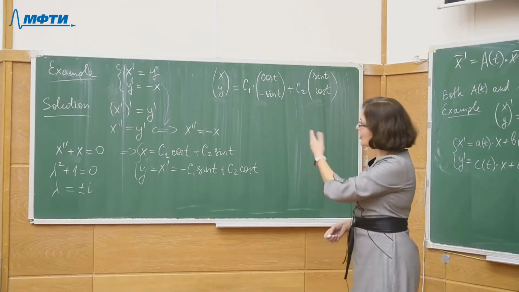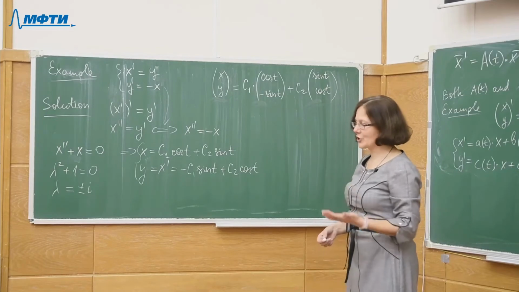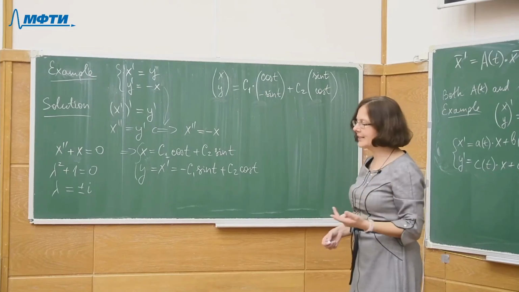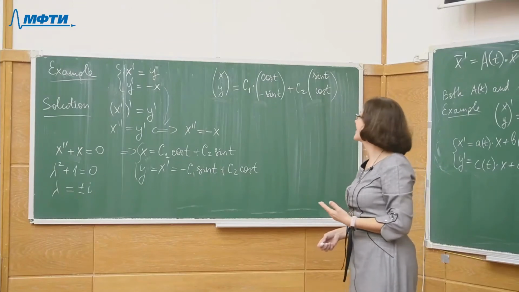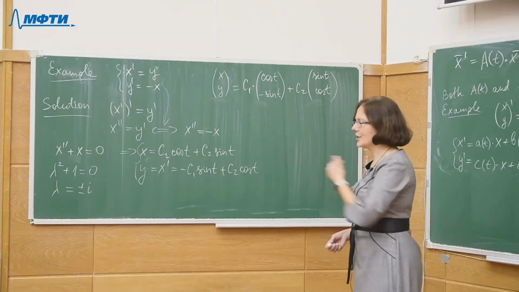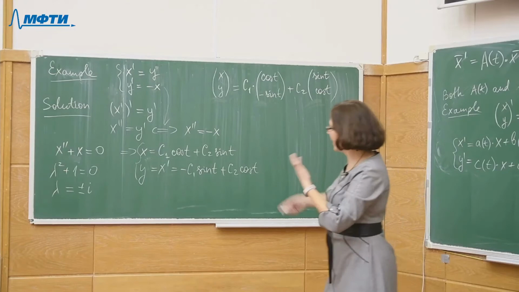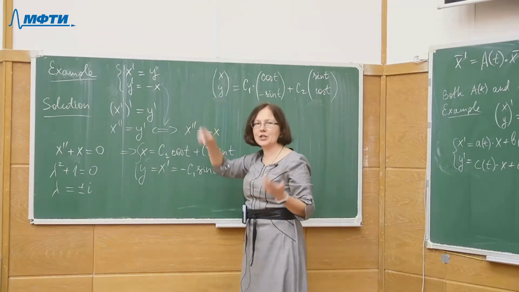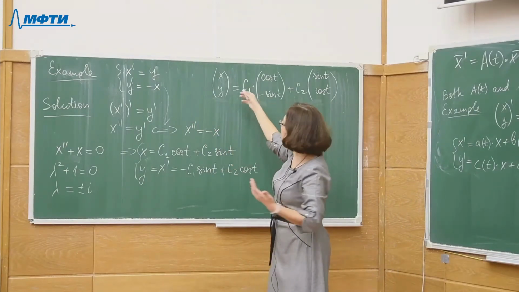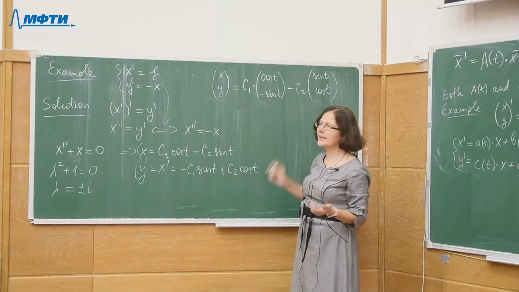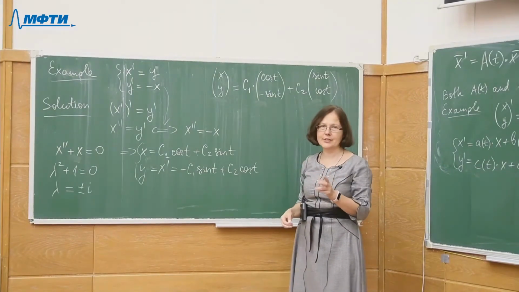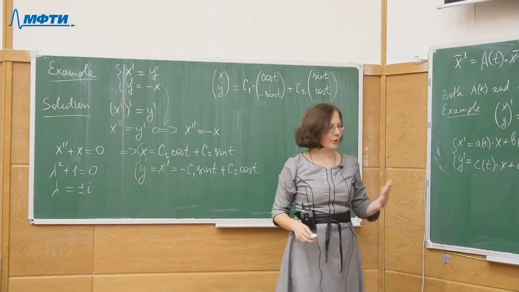So in dimension 2, we can find two linearly independent particular solutions to this system of differential equations, and represent the general solution as the linear combination of two particular solutions. So this will be the topic of our lecture.